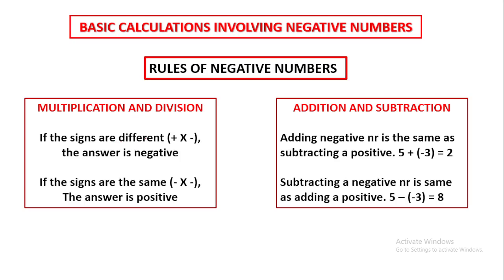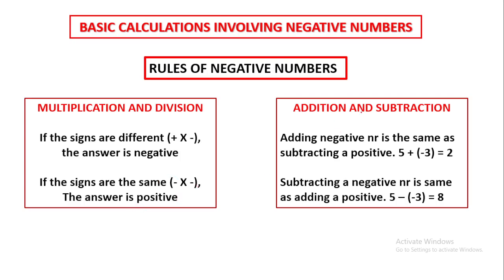It doesn't matter if the negative one is on the top or on the bottom. As long as one of the amounts is negative, the final figure will be negative. Then if the signs are the same, negative and negative, the answer will become positive. And if they're both positive, the answer will still remain positive.